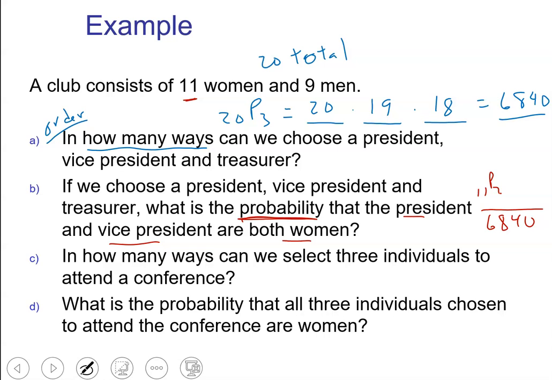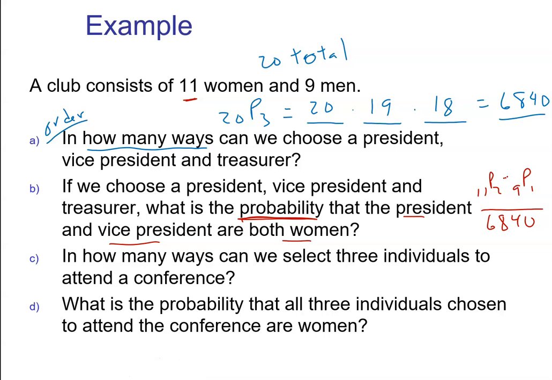Now I have 9 men, so times 9P1. So 11P2 times 9P1 over 6,840.